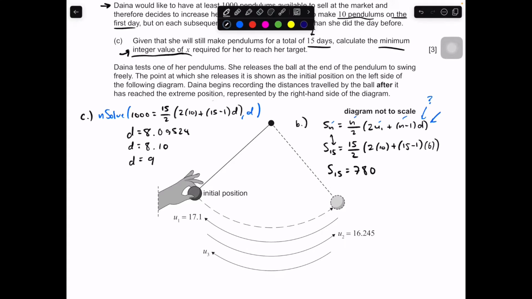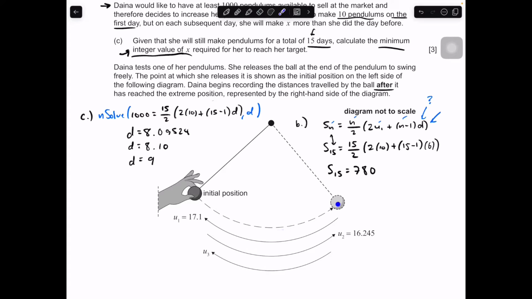Dana tests one of her pendulums. She releases a ball at the end of the pendulum to swing freely. The point at which she releases it is shown as the initial position on the left side of the following diagram. So this is her releasing it. Dana begins recording the distances traveled by the ball after it has reached its extreme position.